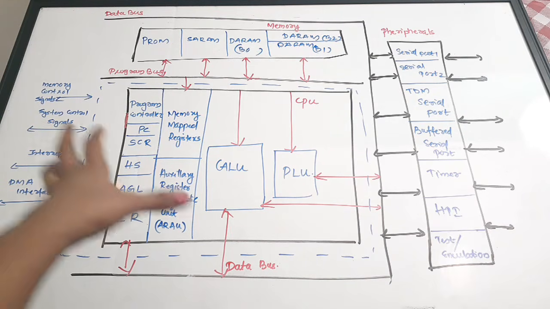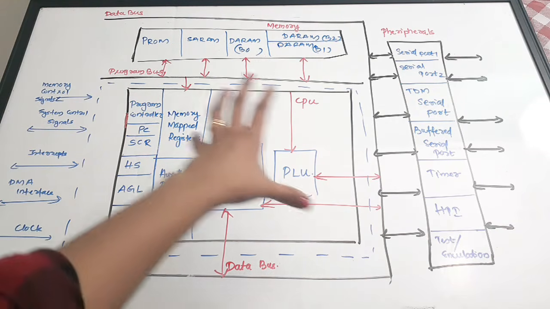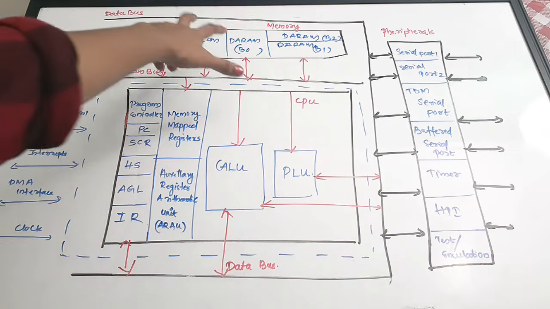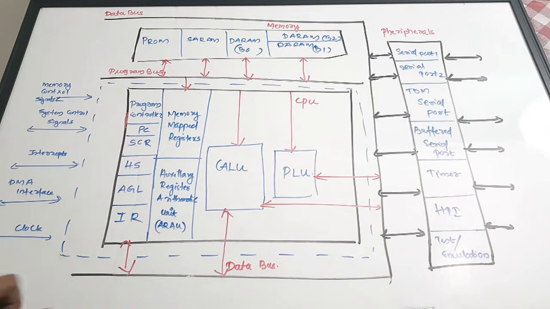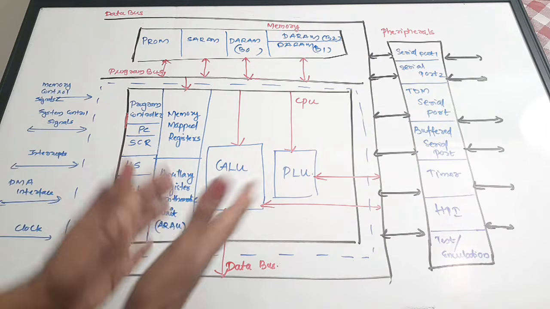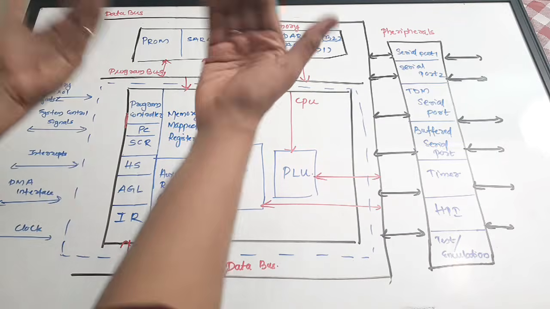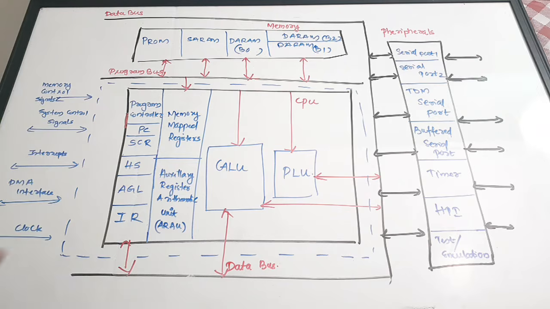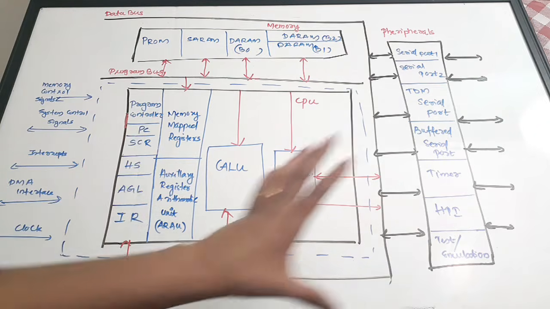Okay, so it consists of the elements which we have explained in detail. The CPU is there, the memory and the peripherals. So this is how the entire architecture integrates the three elements: the CPU, the memory and the peripherals. So we have explained all these things. Only the connections between the elements were left out.